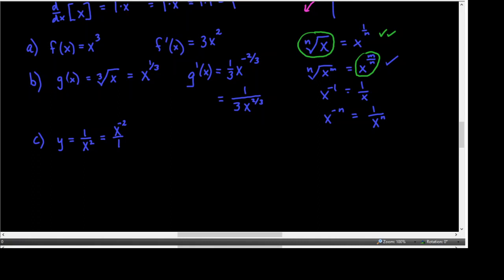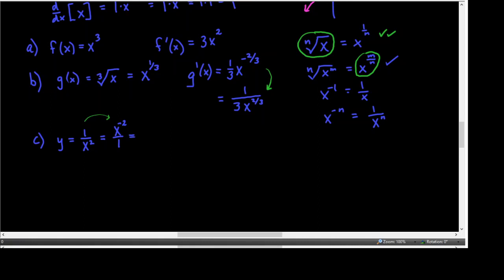So notice that the exponent takes on the opposite value when you move that power to the other part of the fraction. That's what we did from here to here. To take it to a positive power, we took it from the numerator down into the denominator to get rid of the negative. And here we changed the sign on the power of x to take it from being in the denominator to being in the numerator.